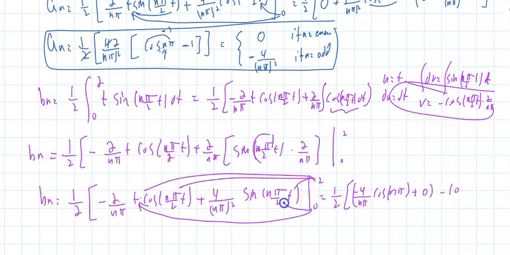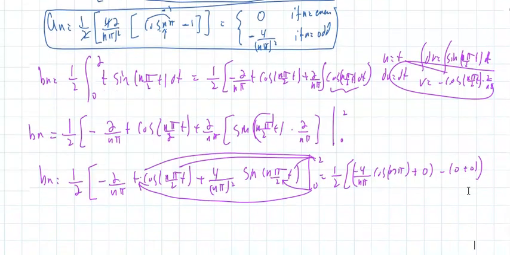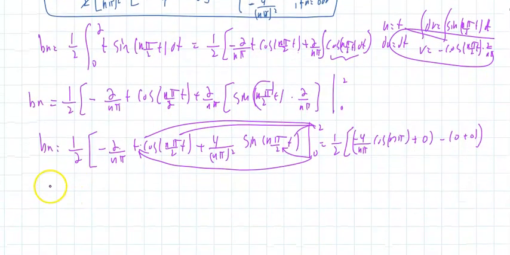And if you put the 0 there, the sine of 0 is 0. No need to worry about that. So I'm getting b sub n to be, actually, this cancels 2 of those. I'm getting b sub n to be negative 2 over n pi, the cosine of n pi.